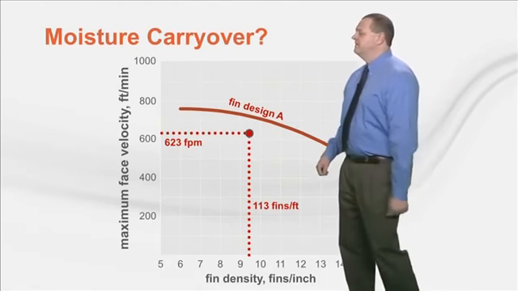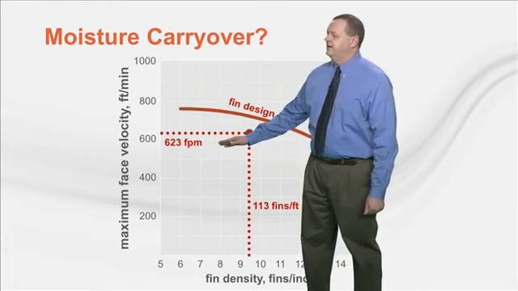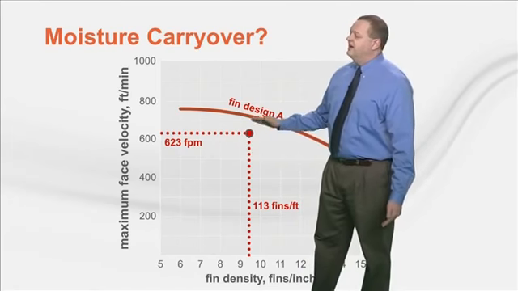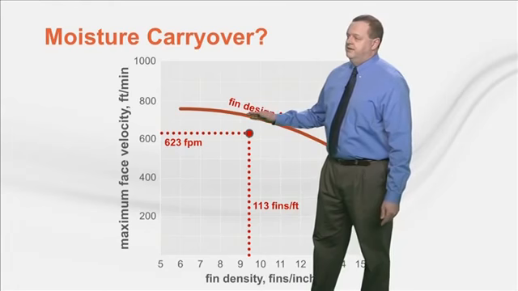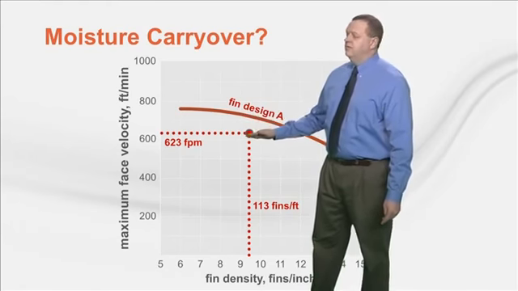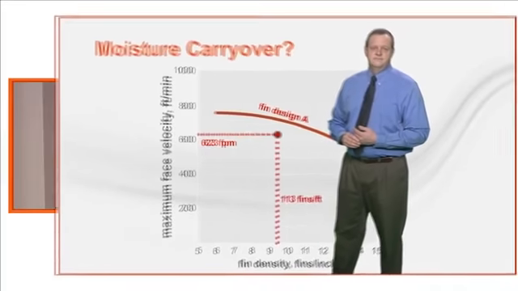For our example, the size 14 unit has a face velocity of 623 feet per minute. At the selected fin density for this fin design, the maximum is over 700 feet per minute, as depicted by this red curve. So this selection is well below that maximum manufacturer's tested threshold for carryover.